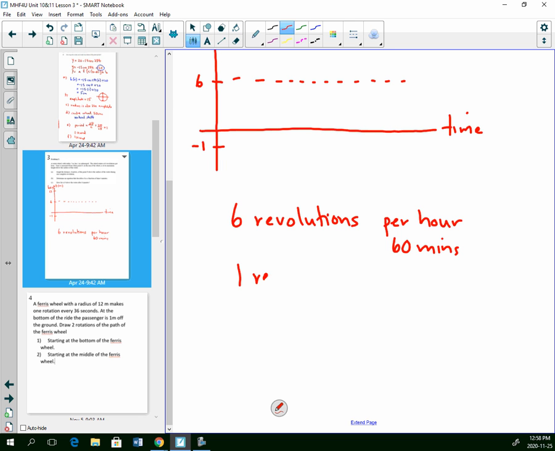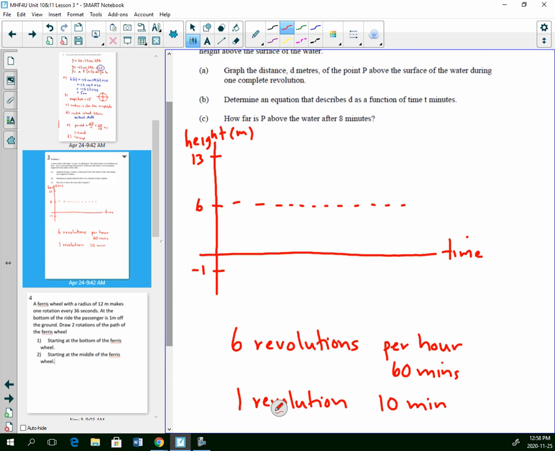So 1 revolution would be 10 minutes, right? 60 divided by 6. So I'm going to do mine in minutes, and then I'll show you the difference in the equation. So I'm going to do it in 10 minutes. I'm going to divide that in half and then in quarters.